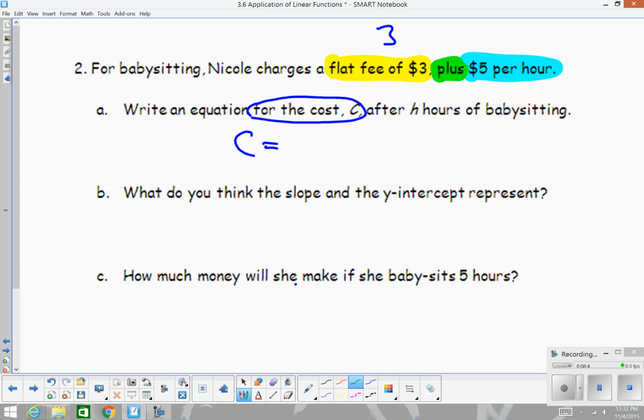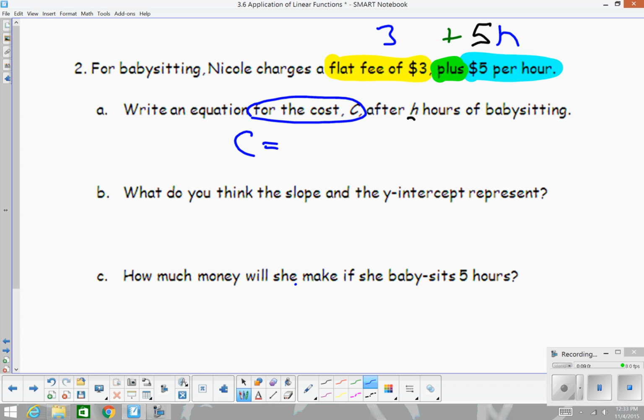Now, I'm going to say plus, obviously addition, $5 per hour. So that's going to constantly change for every hour. I don't know what the hour is. In my problem, it says use H as the hour because that's going to change. So all I'm going to write is 5H.